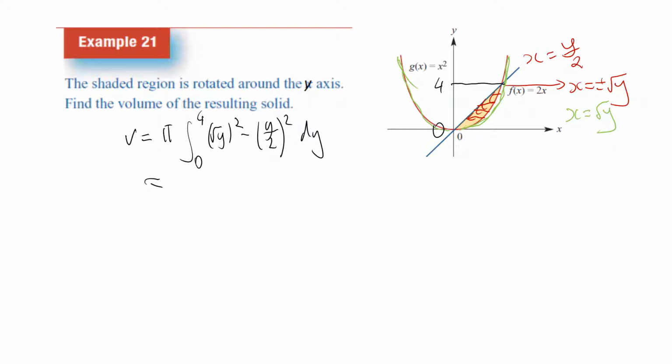Okay, let's just clean that up a little bit. The integral from 0 to 4 of y minus y squared on 4 dy. Okay, this is looking good.